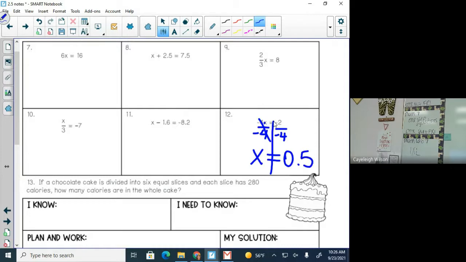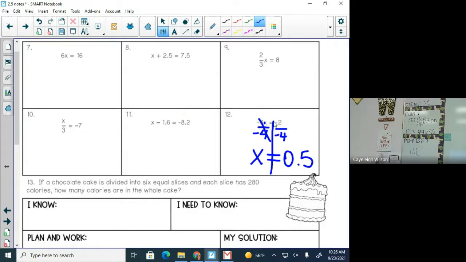All right, and then we also talked about how we could check these. How would I check them? We could use our calculator, but what do we do? Like, what are we going to do to check this? You multiply the negative 4x and negative 2. Close. So we're going to take the number that we got for our answer. So what did we get for our answer? 0.5, and I'm going to plug that back in for x, because that's what x is equal to.